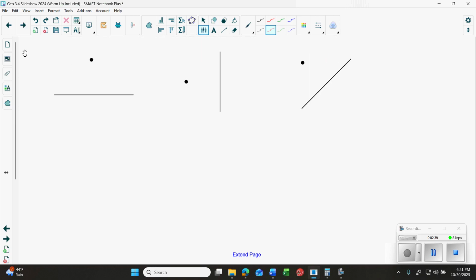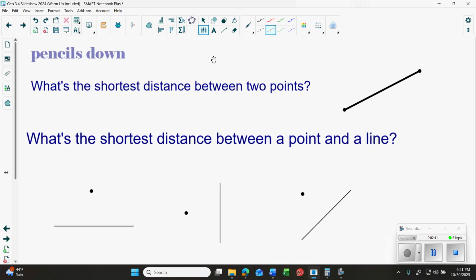A cool fact about this is that we can use perpendicular bisectors to find the shortest distance between a line and a point. We know from early on in geometry that the shortest distance between two points will always be a straight line.